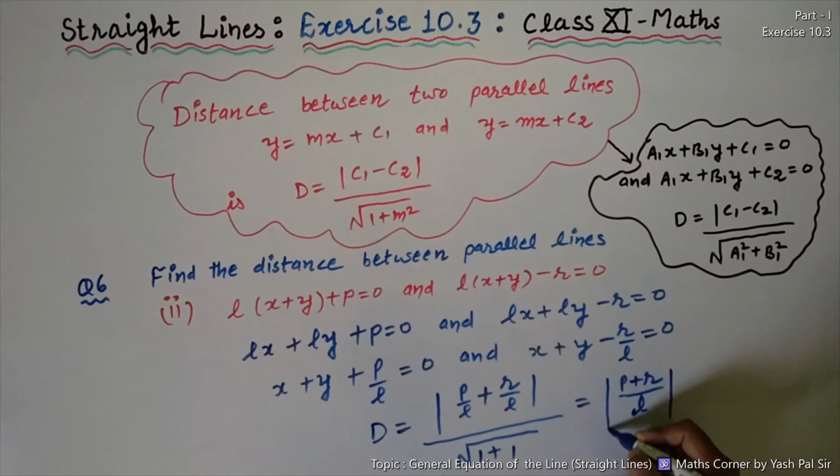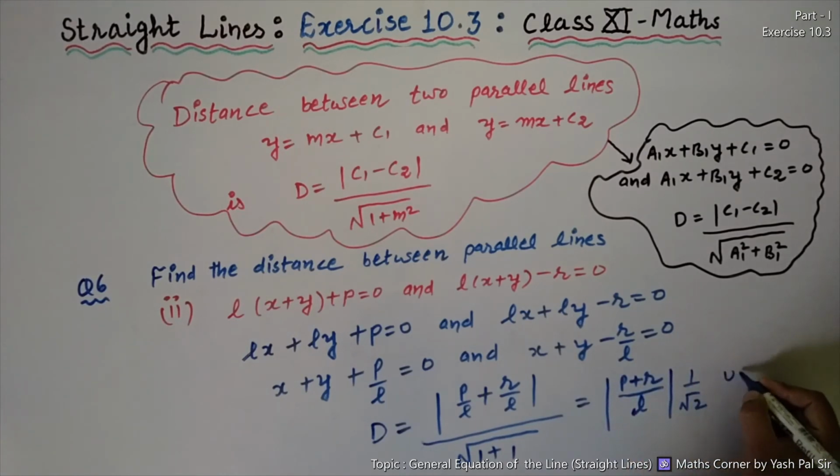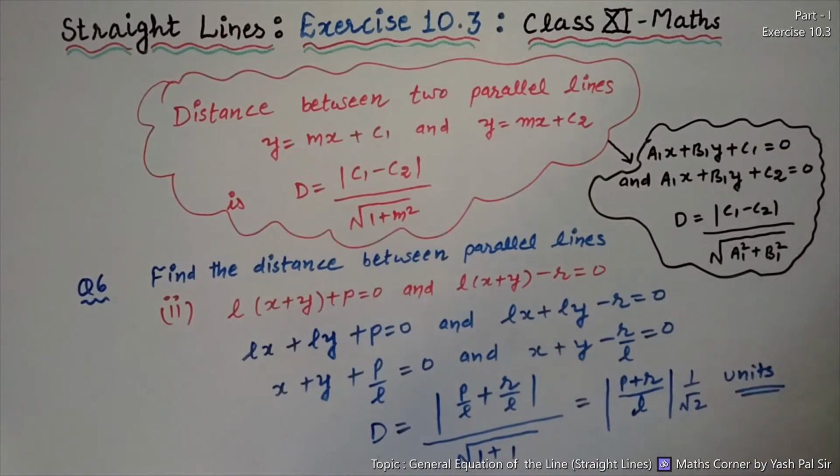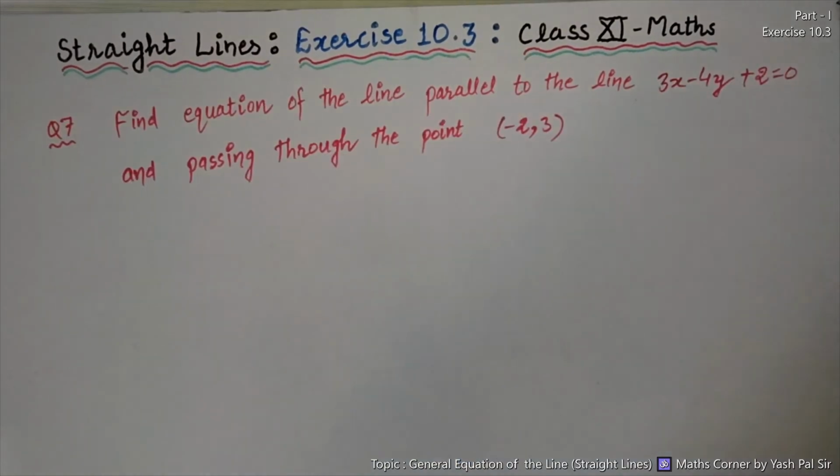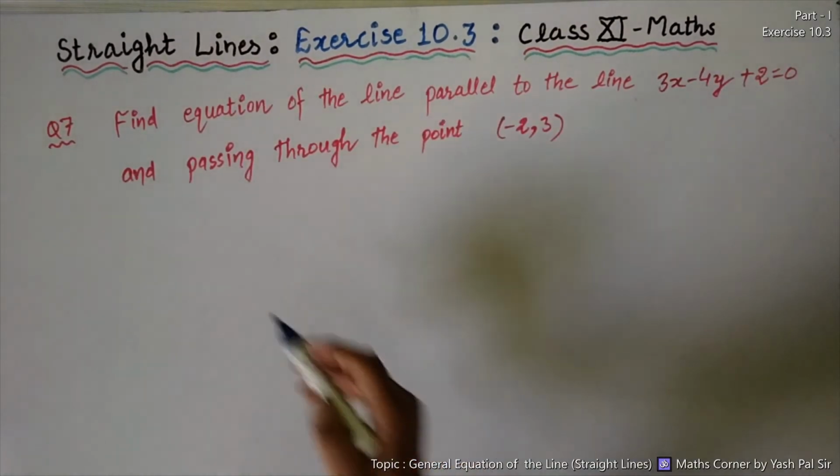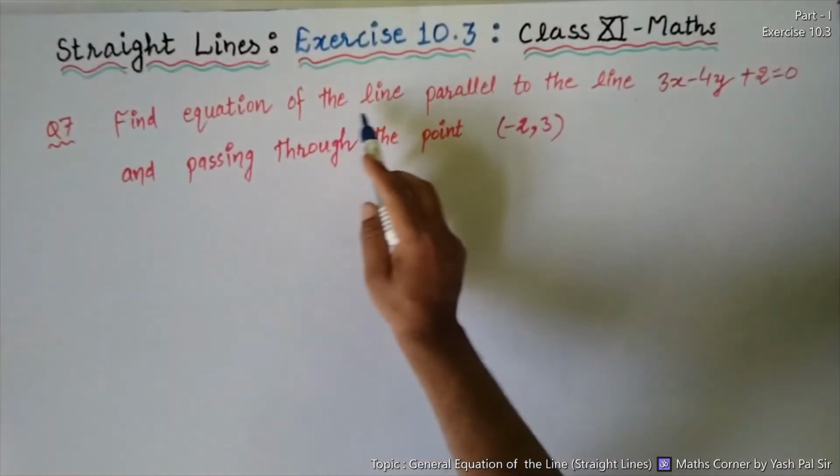Or we can say this whole is inside the modulus sign, outside square root of 2 into L, units is the required distance between these two parallel lines. Next question.